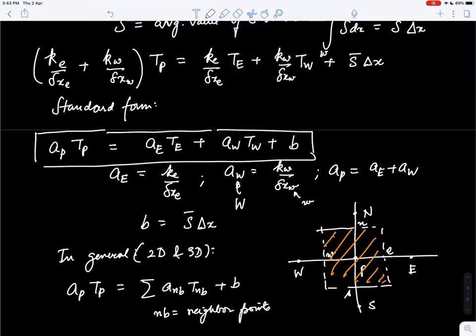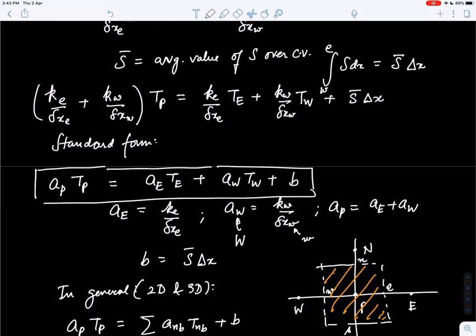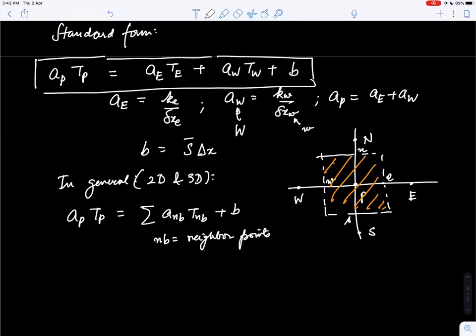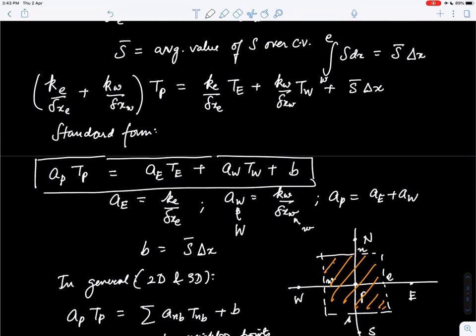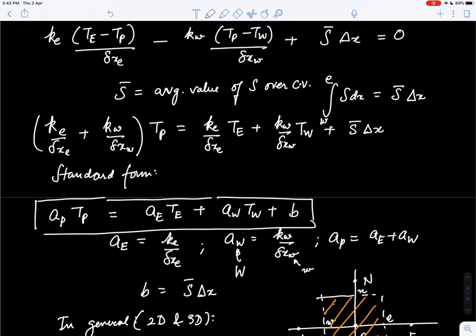Okay, so this brings us to the first key idea, or the first form of the discretization equation that we get in the finite volume method. Now, one thing that I've forgotten to mention here, but we'll do in the next few lectures, is how do we get k_w and k_e. If the thermal conductivity is a constant, then these will be equal, and this will be a given value.